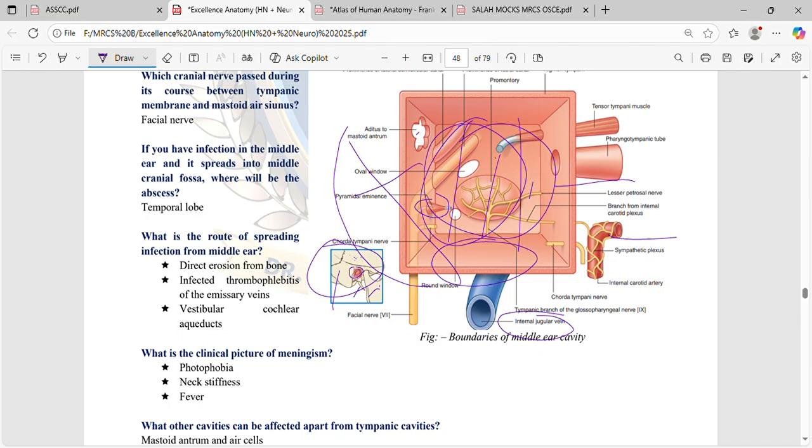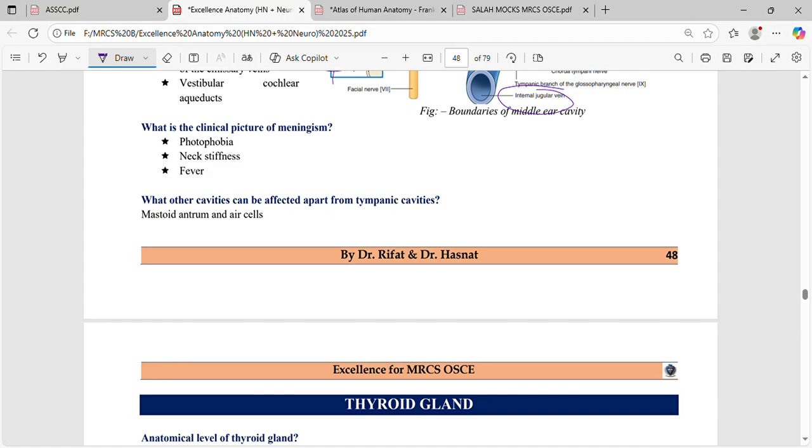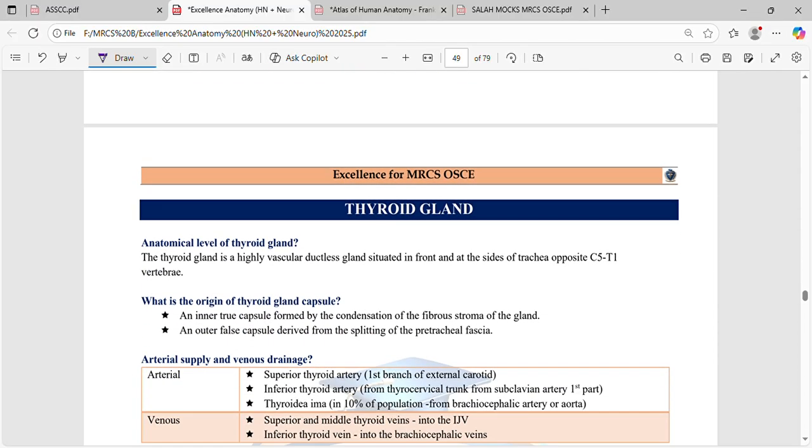Direct erosion of the bone, infected thrombophlebitis of the emissary veins, and the vestibular aqueduct. What is the clinical picture of meningism: photophobia, neck stiffness and fever, Kernig's sign. What other cavities can be affected apart from the tympanic cavity? The mastoid antrum and mastoid air cells.